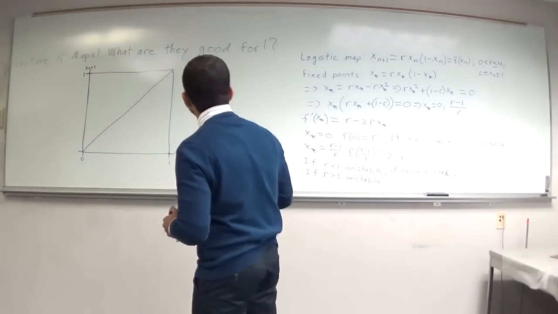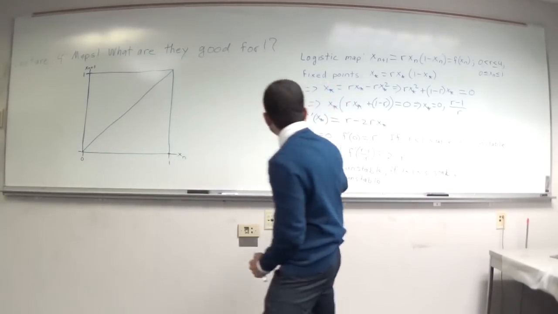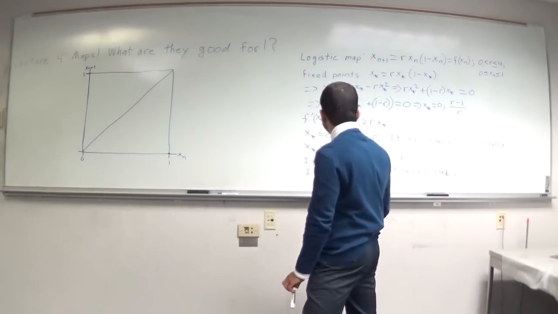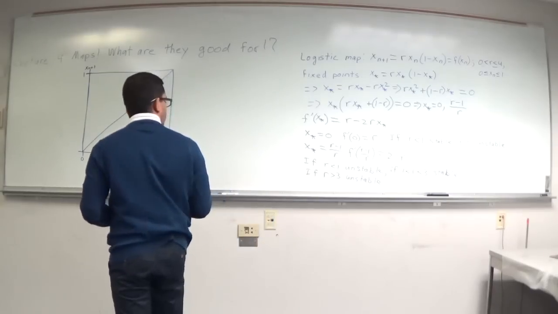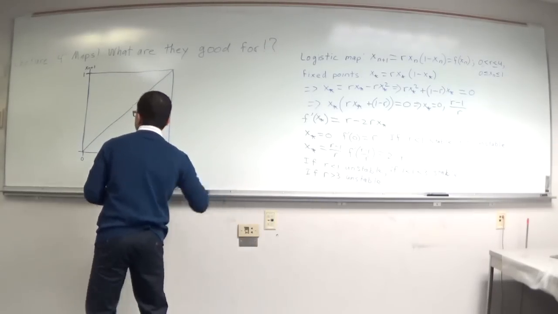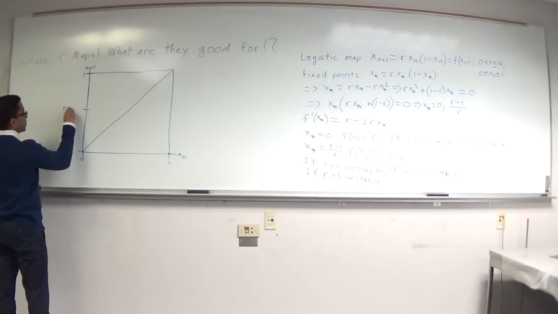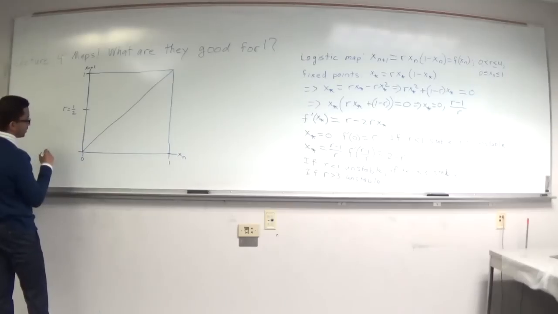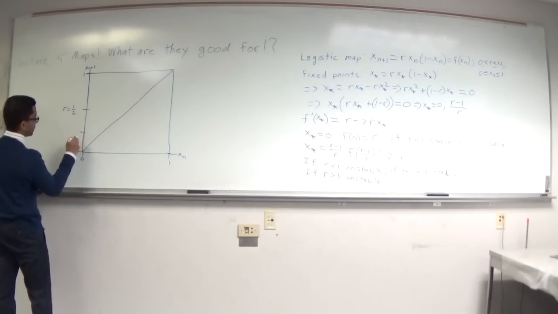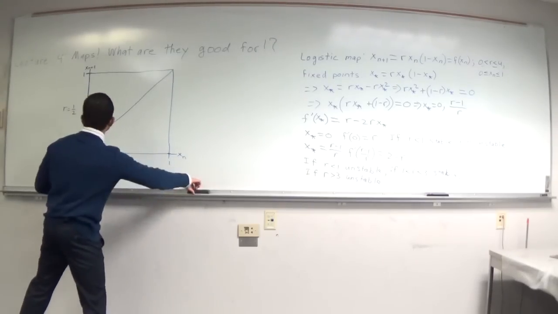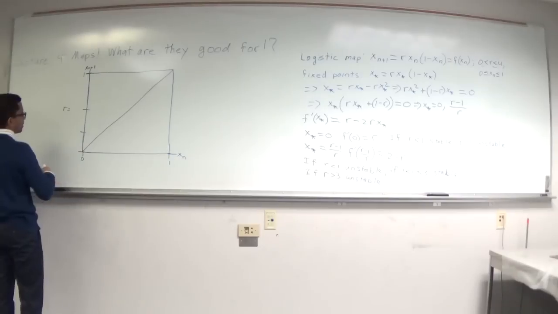Now let's draw the function, but first let's stay in the region below r equals 1. So let's write it like this. Here it's going to be r equals 2, and over here, say r equals 1.